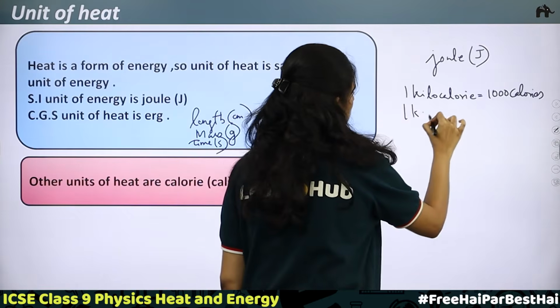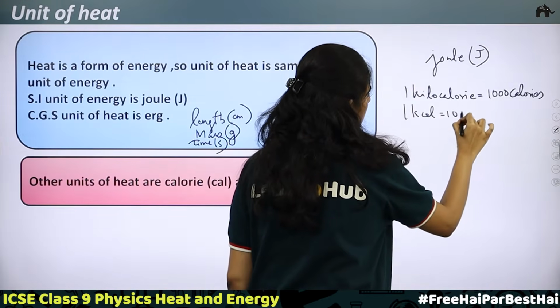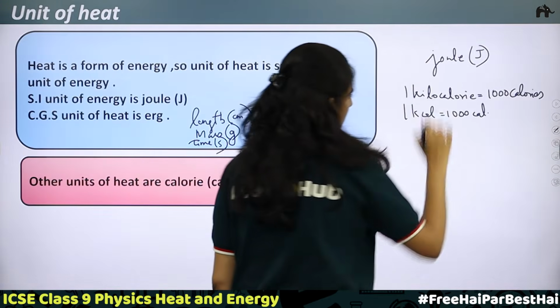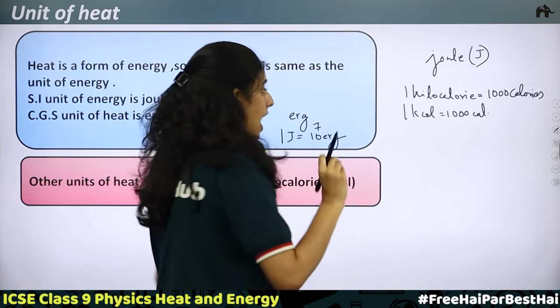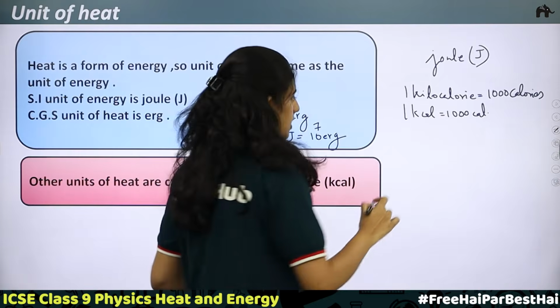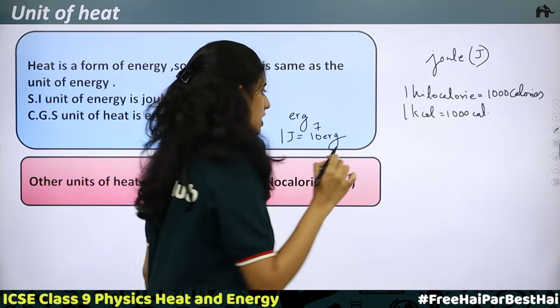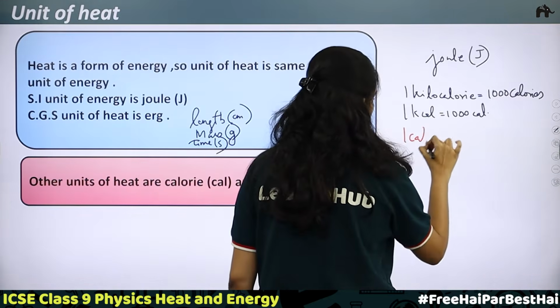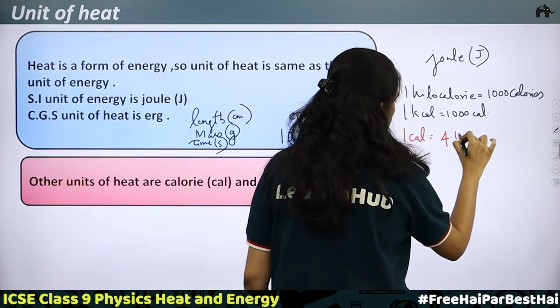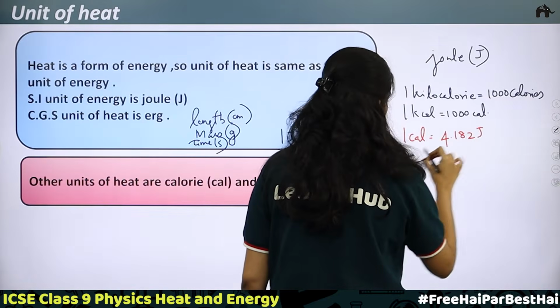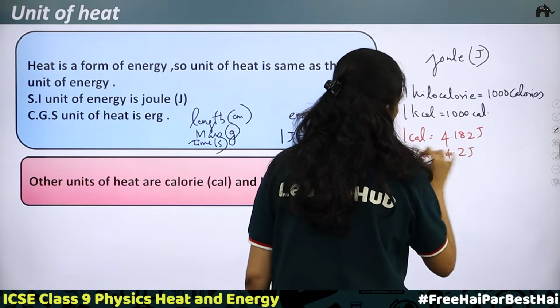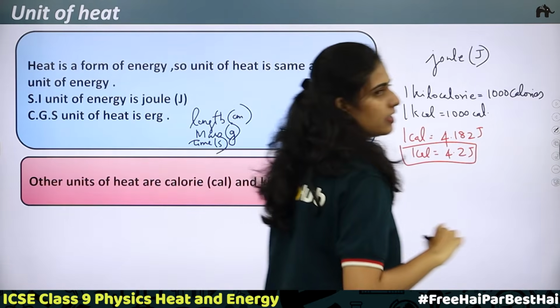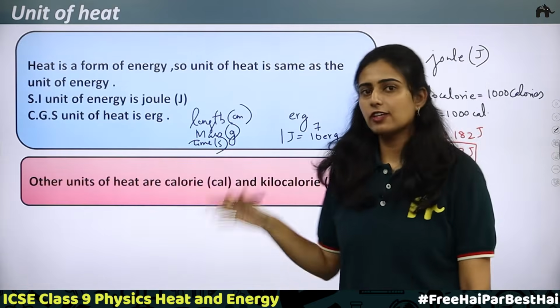Now, what is the relation between calories and joules? 1 calorie is equal to 4.182 joules, or approximately 1 calorie is equal to 4.2 joules. So these are the common units of heat.